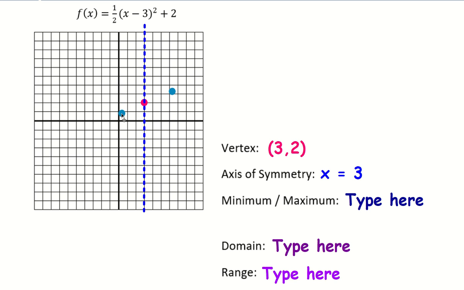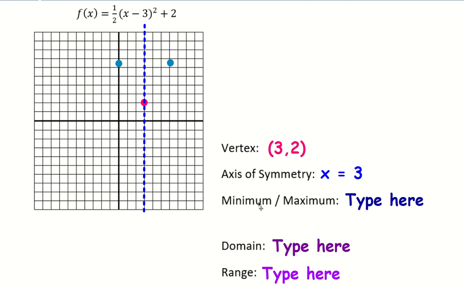Plus 2 is 6.5. So if I plug in 0, I end up getting 6.5. So that means a point would be 0 comma 6.5, which means over here would be another point. But I'm not that concerned about that right now.